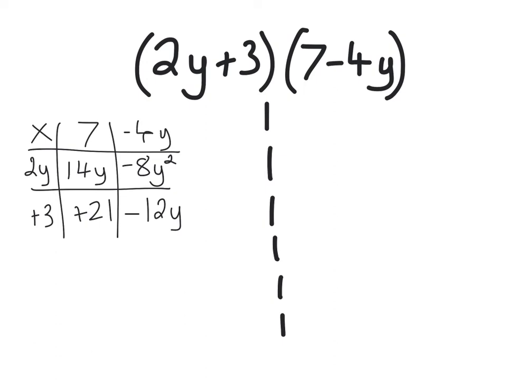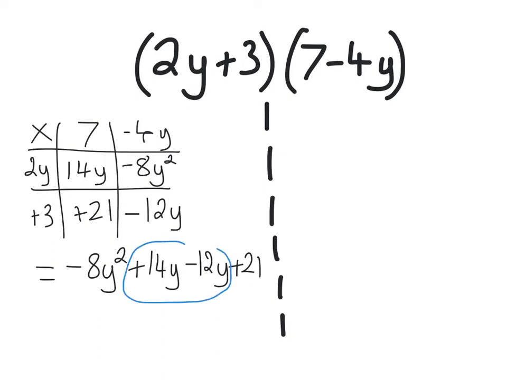So I'm going to write this as negative 8y squared plus 14y take away 12y plus 21. And just like in the last example, we can collect these two like terms together to leave me with a final answer of negative 8y squared plus 2y plus 21.